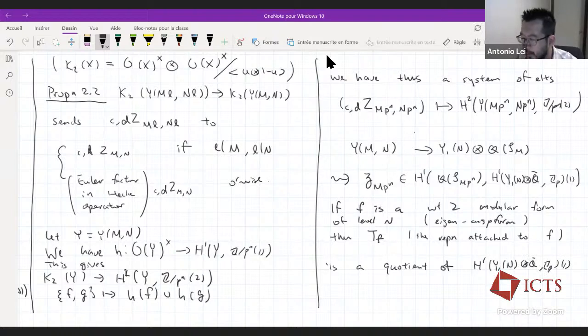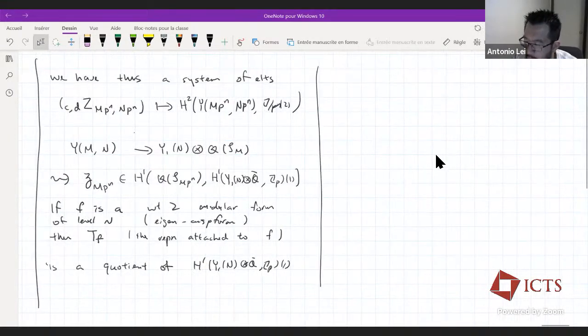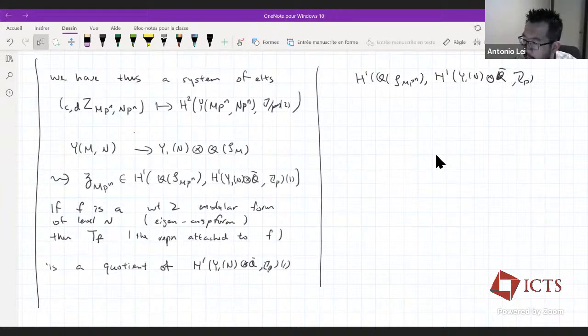And so you can then look at the image of this element. Since T_f is a quotient of this, you have a natural map going from H^1(Q(ζ_{Mp^n}), H^1_ét(Y_1(N)_{Q̄}, Z_p(1))) to H^1(Q(ζ_{Mp^n}), T_f).